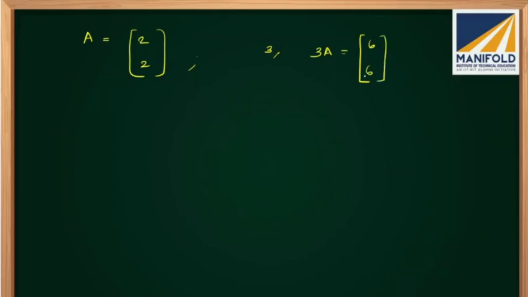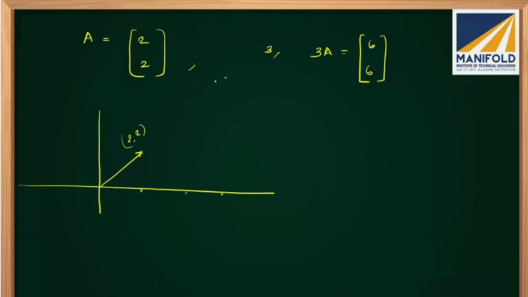So what is the effect of scaling a vector? You can see the initial vector is the point 2, 2. This is the starting vector. If I scale that by 3 times, I get the new vector as 6, 6, which is this particular point.